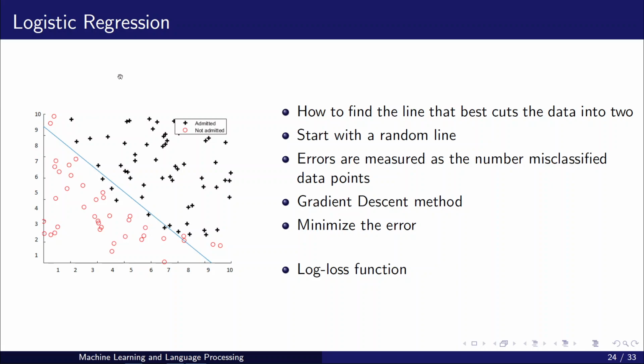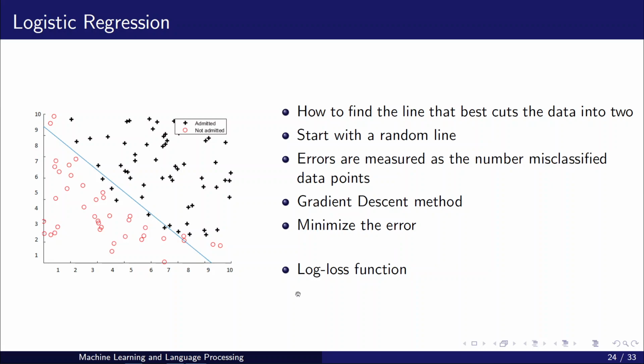So let's say we had only three data points, then the errors can be obtained as the number of misclassified data points. If you change the line a little bit, then you calculate the errors again, and you will go in the direction where the errors are minimum.